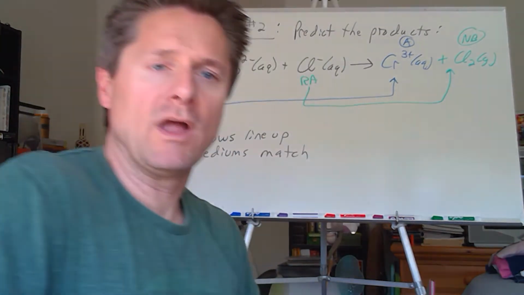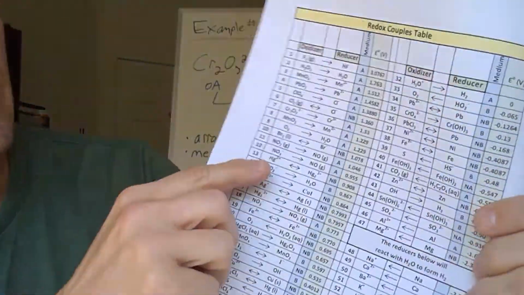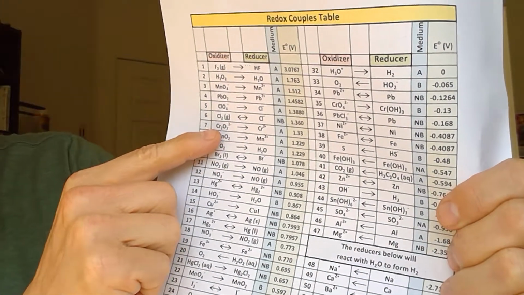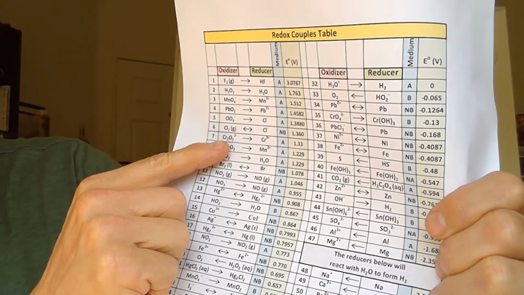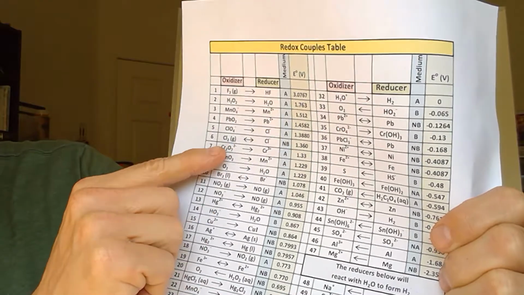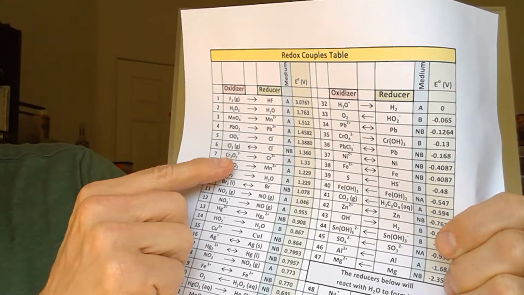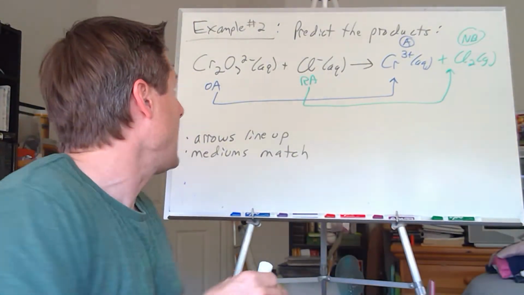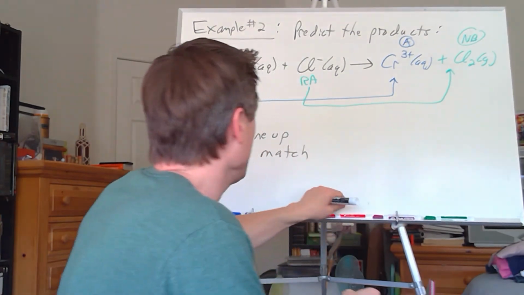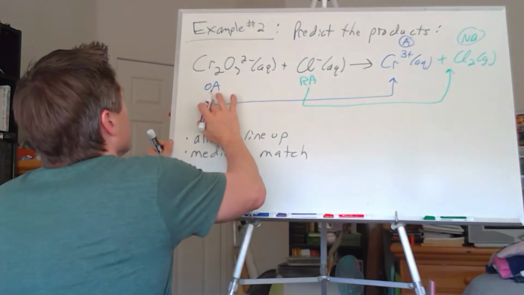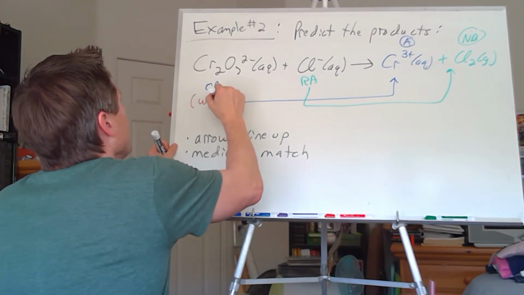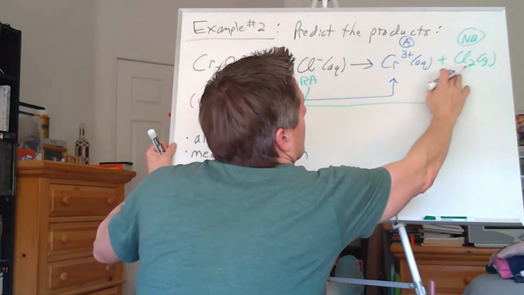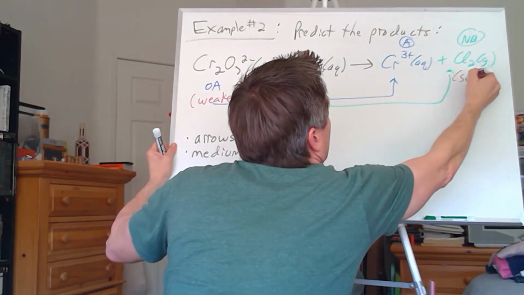Now let's see which ones are the stronger ones. They're pretty close to each other, but see the dichromate is below the chlorine. So the dichromate is weaker than the chlorine. So this is my weaker oxidizing agent, and this would be stronger.